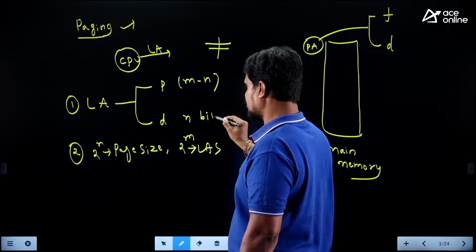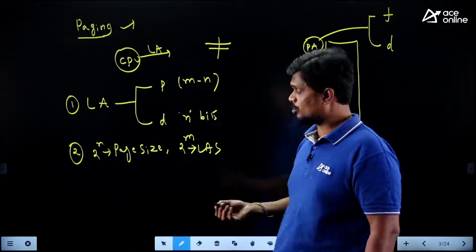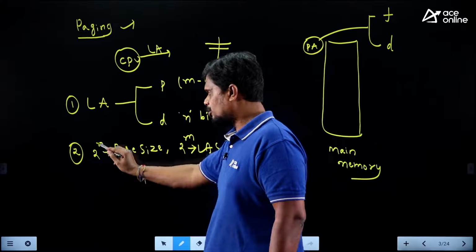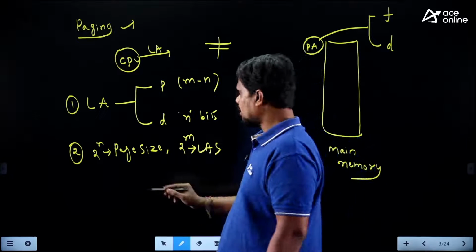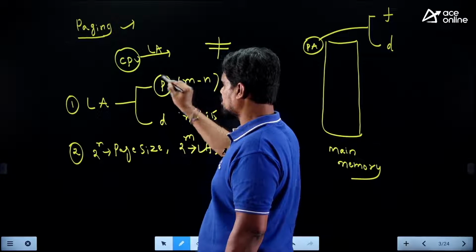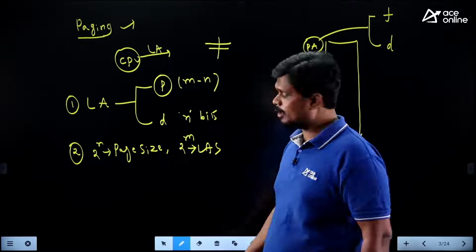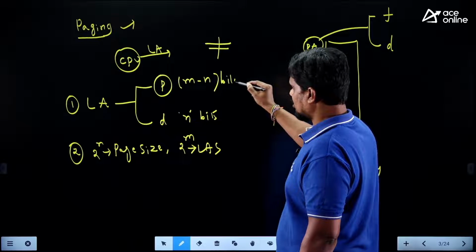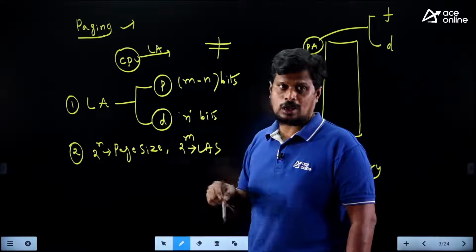So as part of the logical address, the most significant portion is P, whose length is m minus n bits. But the least significant portion of this logical address is D, which you can call the offset.